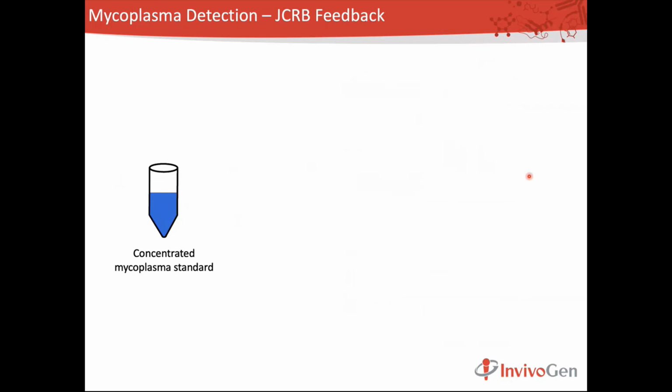To compare the sensitivity or performance of different methods, they came up with a set of samples. The first one is the concentrated mycoplasma standard. The next one is the dilution to the enzymatic assay detection limit. They used the enzymatic assay as a standard, so that they can compare whether other methods are higher or lower than the enzymatic assay.